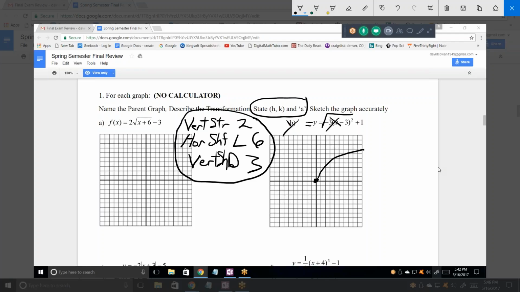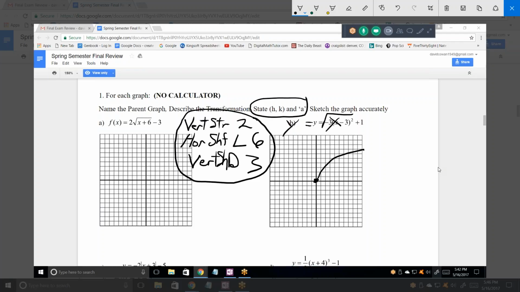Now sketch the graph. Well, sketching it is just following these directions, right? So I'm going to do my shifts first, because shifts, both horizontal and vertical, don't change the shape at all. So I can draw my shifts and draw the curve exactly like it looks like over here on the right.